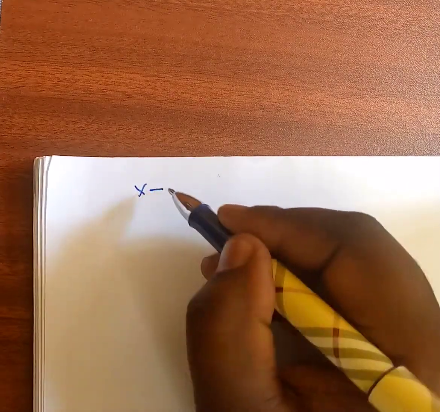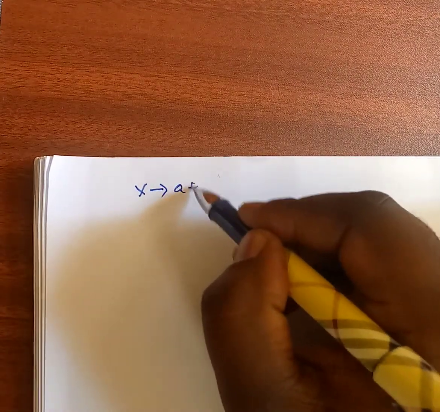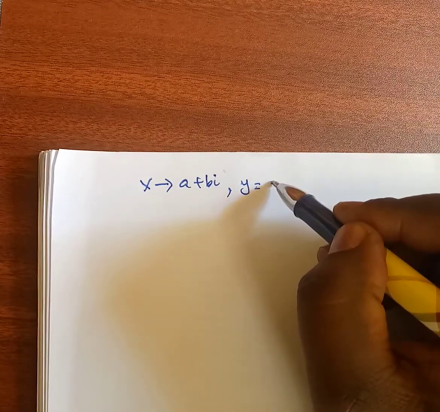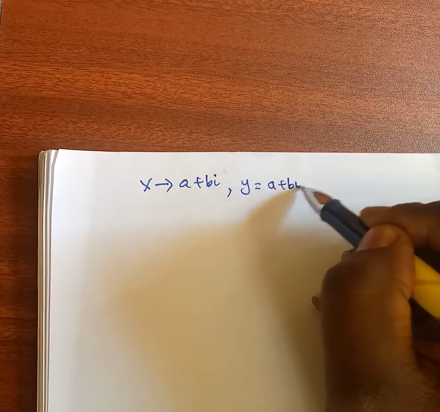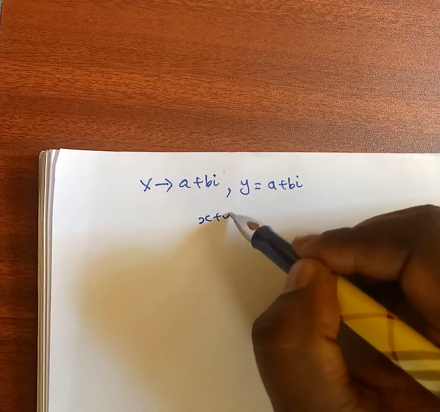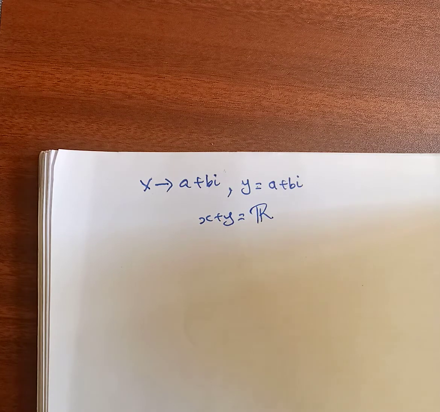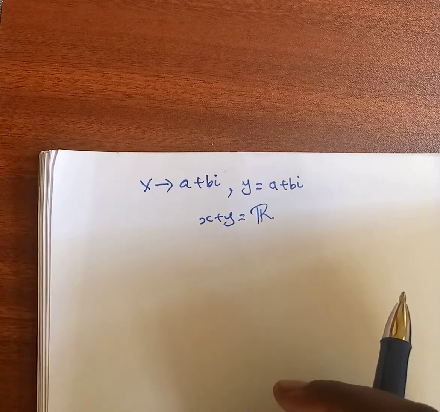It is possible that if you have x, which is a complex number, a plus bi, and a y, which is also a complex number, when you add x plus y, you get a real number without an iota. It is possible.